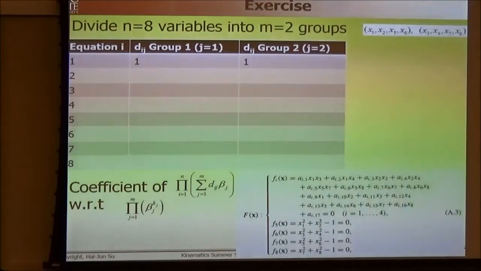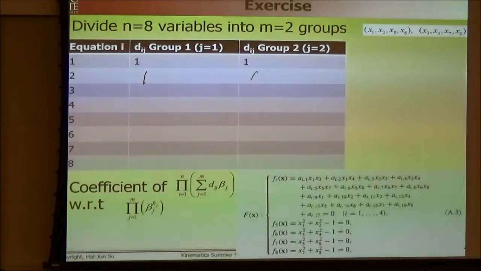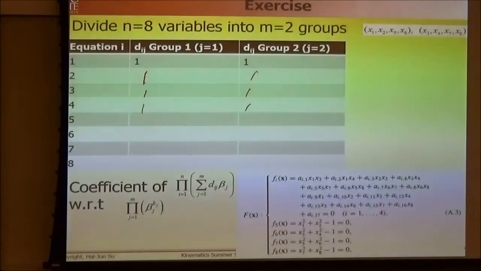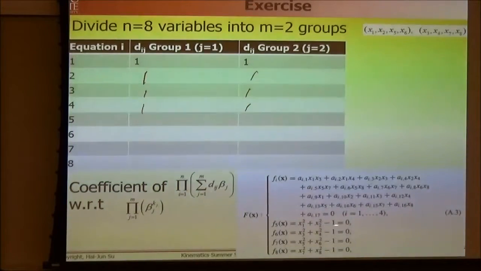And then you can do similarly. The first 4 have the same, identical structure. Now the fifth one is x1 squared plus x2 squared.